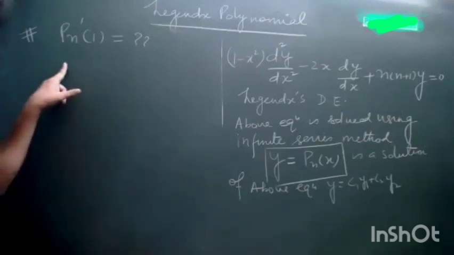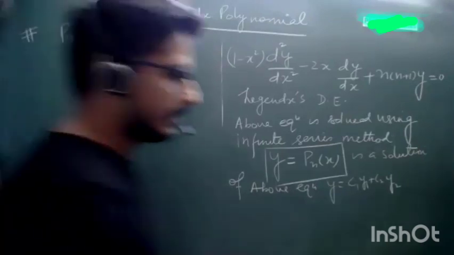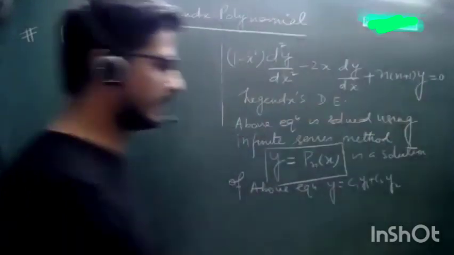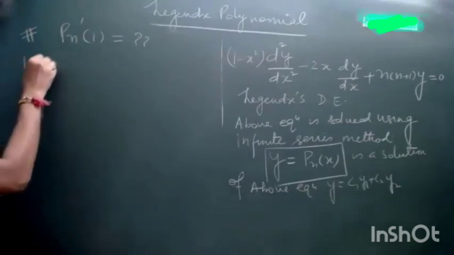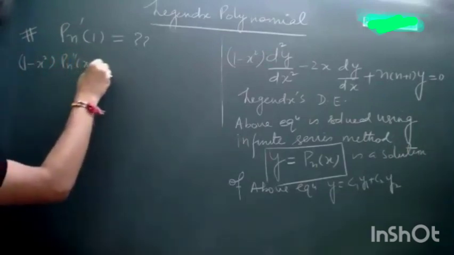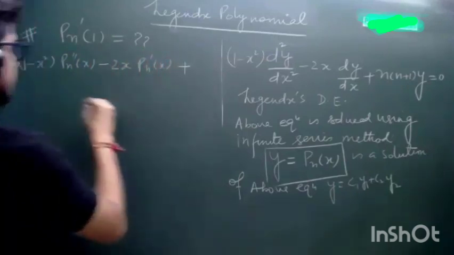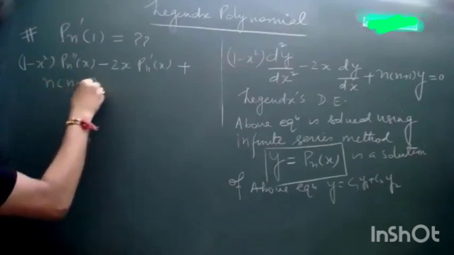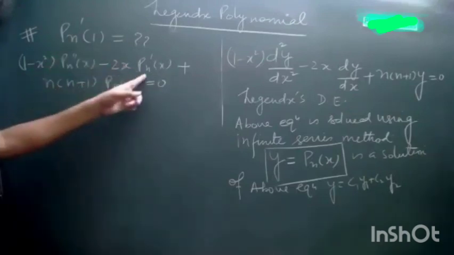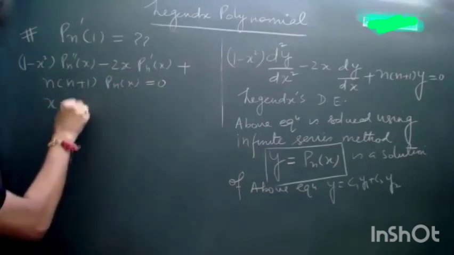So I want to know Pn dash 1. Write the equation again: 1 minus x square Pn double dash x minus 2x Pn dash x plus n into n plus 1 Pn x is equal to 0, and we want Pn dash 1. So let us put x is equal to 1.